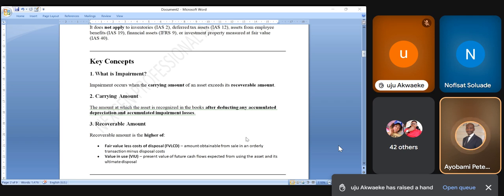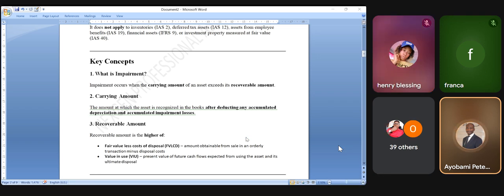And then the recoverable amount simply means the amount that you will receive if you are to dispose of the asset now, or you are no longer using the asset and you want to sell it now.